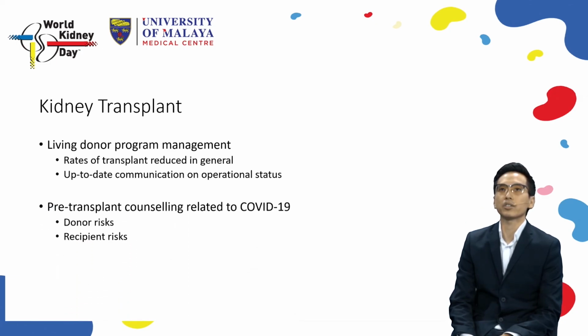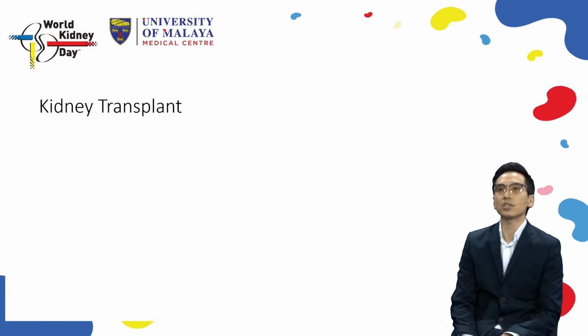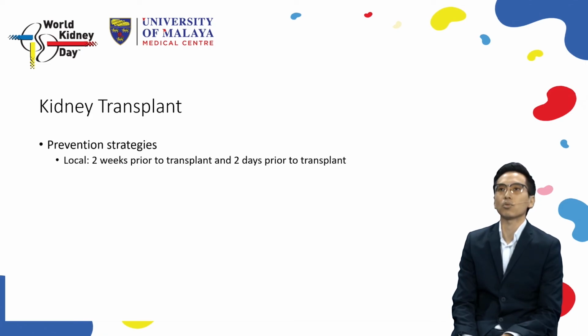As for pre-transplant counseling, donors and recipients should be alerted of the risks related to COVID-19. As for prevention strategies, the American Society of Transplant Surgeons and the Transplantation Society have their own recommendations on when to swab and how long to quarantine prior to transplant.